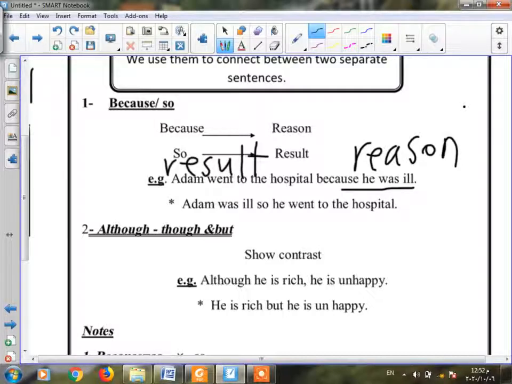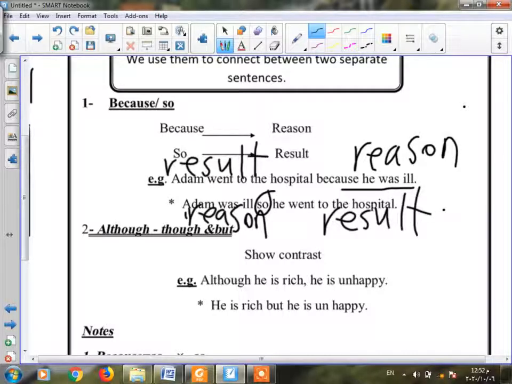If I wanted to use the word so, I have to change my sentence or reverse them. Adam was ill. This is the cause or the reason. And Adam was ill, so he went to the hospital. This is the result.